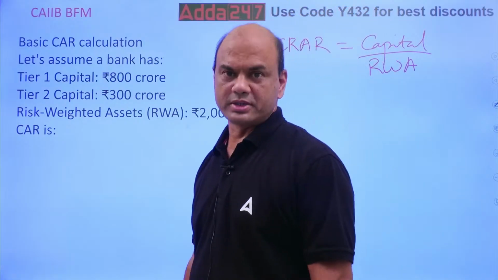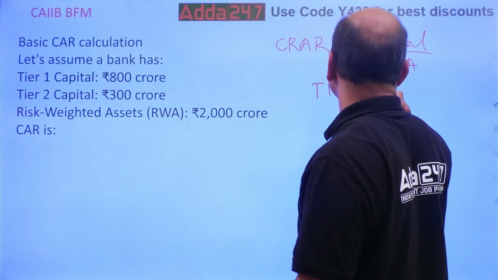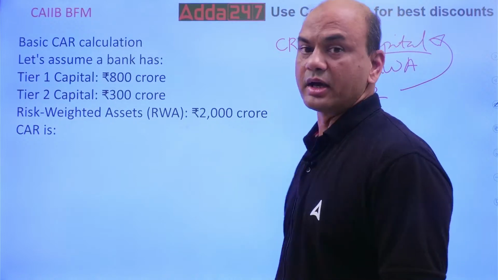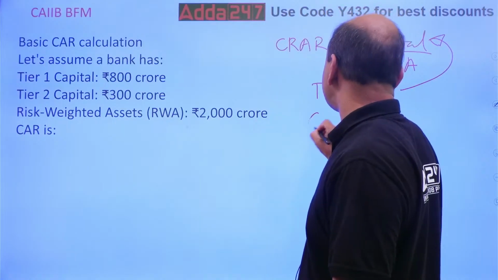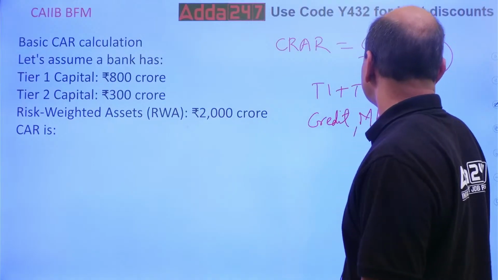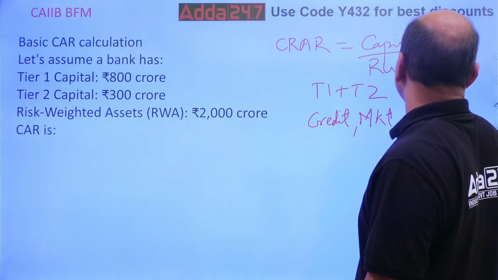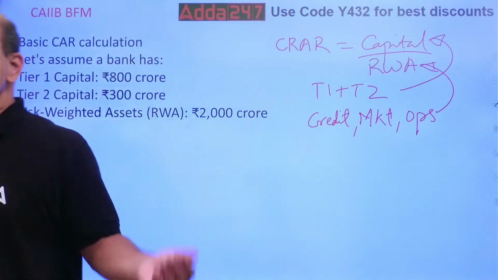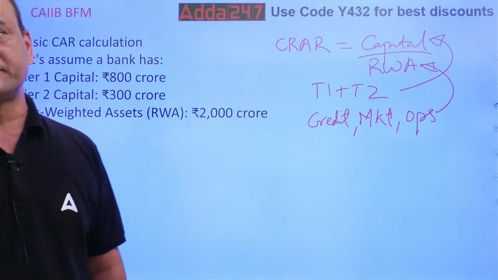Capital includes two parts, tier 1 and tier 2, T1 plus T2. That is your total capital. And RWA includes three parts: credit plus market plus ops. This is how CRAR is calculated.